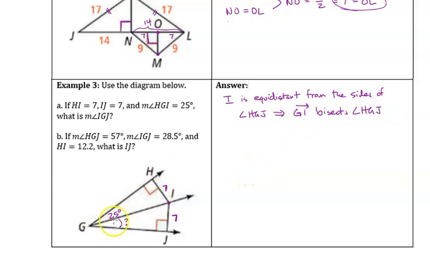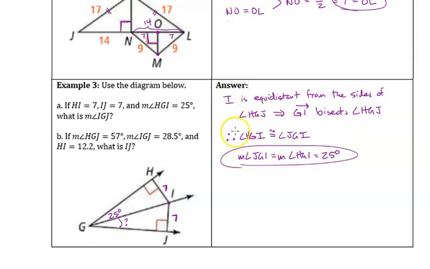If ray GI is bisecting this angle, it means that, therefore, angle HGI should be congruent to angle JGI. I know this is true in this picture. So if angle HGI is 25 degrees, the measure of angle JGI is the same as the measure of angle HGI, which is 25 degrees. So there's my answer for part A.